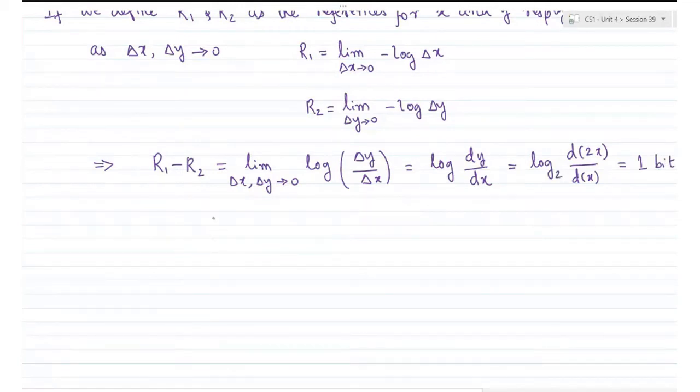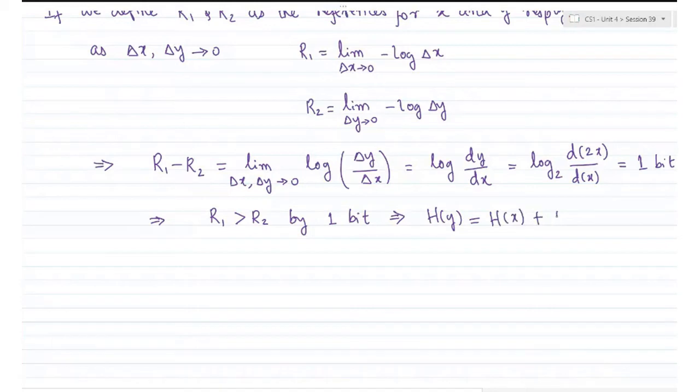So this means that R1, the reference entropy of x, is greater than R2 by 1 bit. Since the reference at the source itself is 1 bit greater than the reference at the output, that results in h of y being h of x plus another bit.